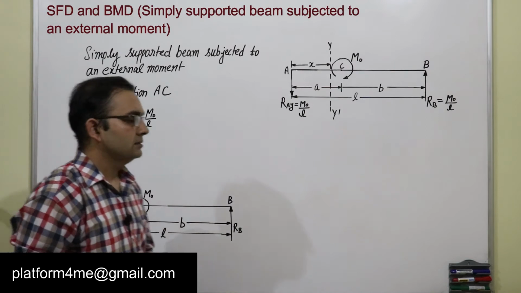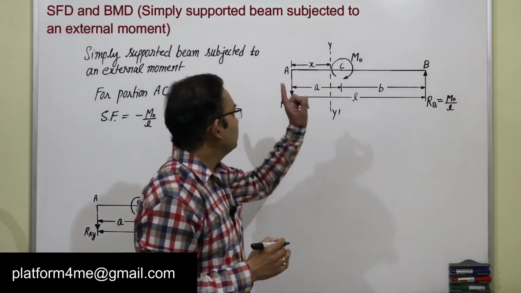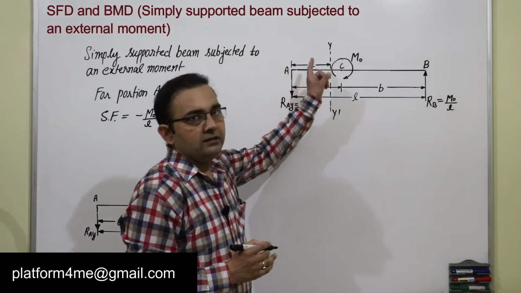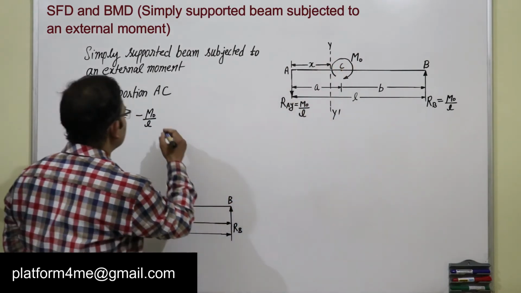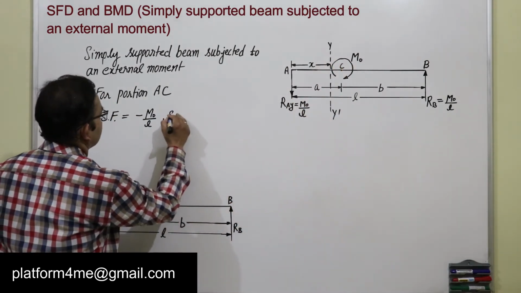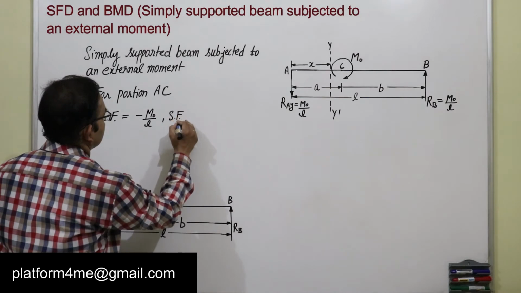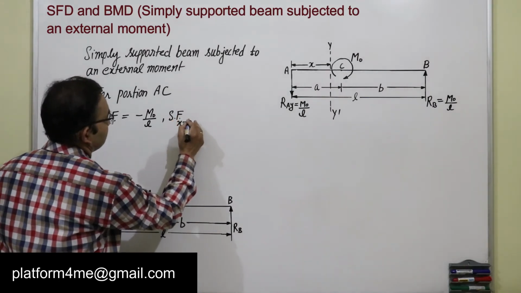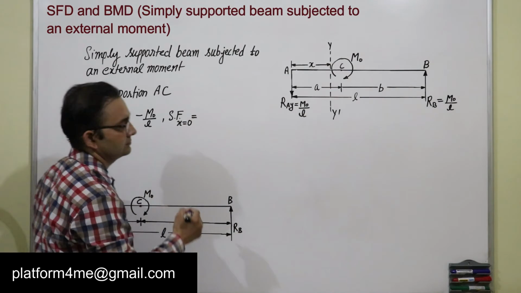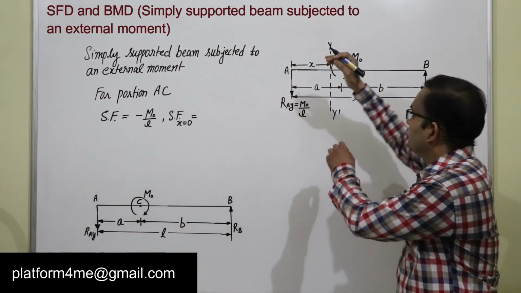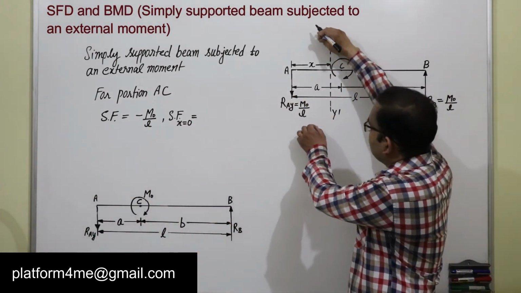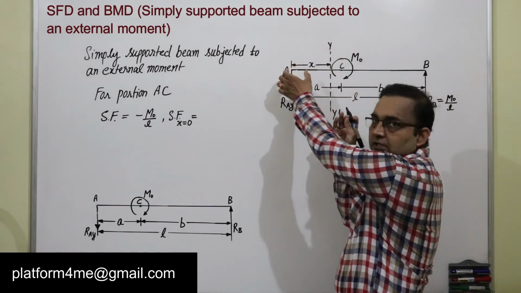Now we will calculate shear force at point A and at point C. Shear force at x equal to 0, we will bring this section to this side, so x will reduce.